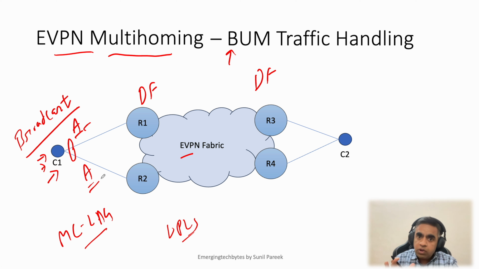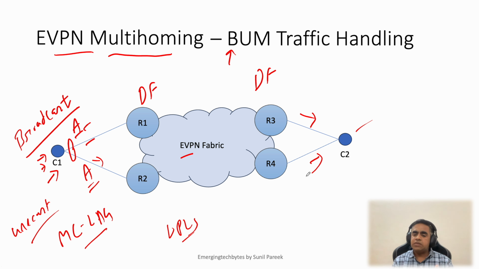If you come to me and say that C1 is sending some unicast packet to C2, then it will be load balanced here or here. It can use any of the links, and R1 and R2 can forward it, and R3 and R4 can send it towards here.